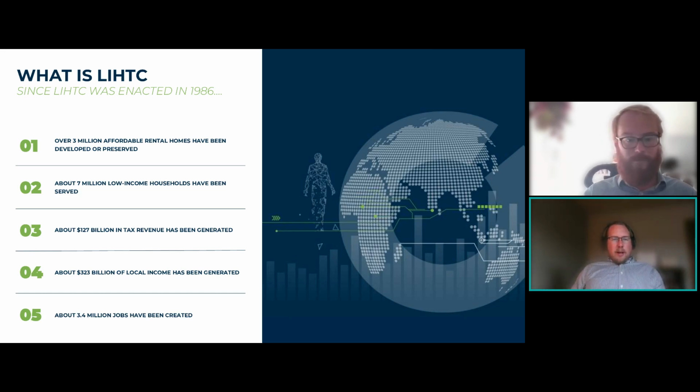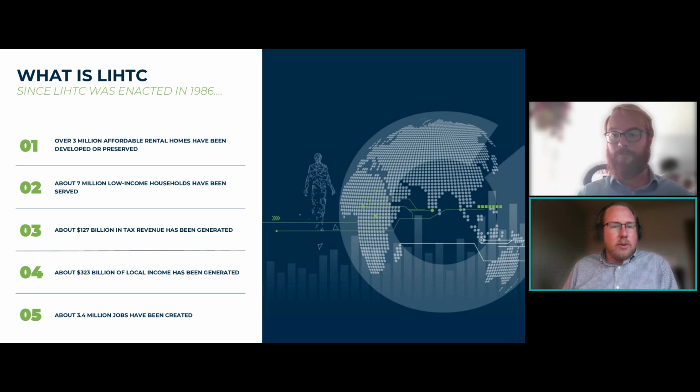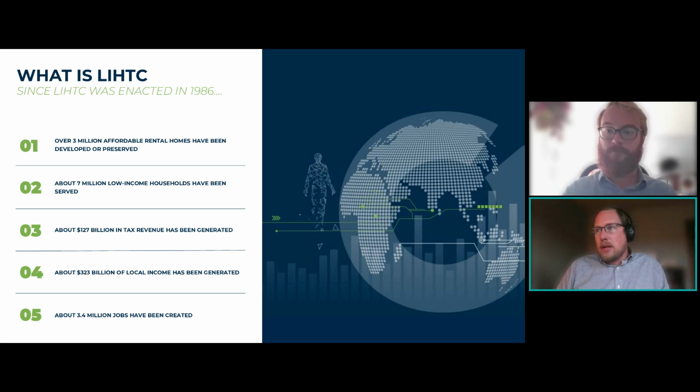So now we're going to start talking about the low-income housing tax credit. This is just to do a brief overview and some history around the credit itself. It was first introduced in 1986. It is the most common way to incentivize affordable housing development in the U.S. The credit supports the cost of new construction as well as rehabilitation of existing assets for use as affordable housing rental units.